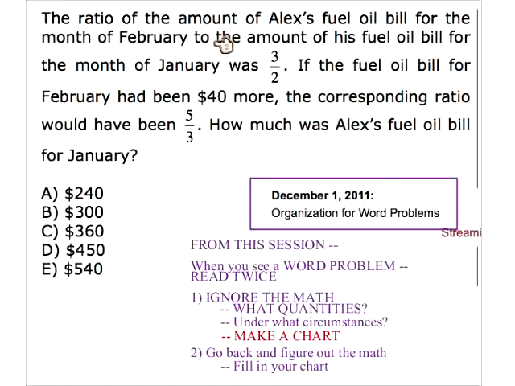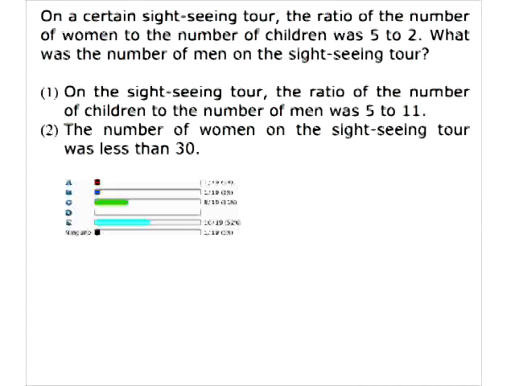The point is that you should first make a chart and then fill it in with math. It could be anything that's got a lot of words. Here, you don't have a ton of words, so it's not as important to have a chart.